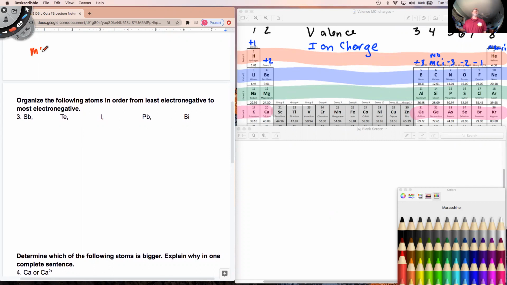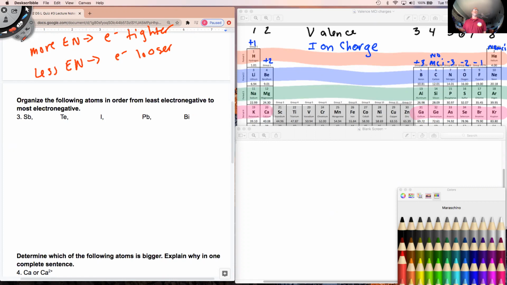So something that is more electronegative holds on to electrons tighter. Something that's less electronegative holds on to electrons looser. Looser, I think that says loser, so let me rephrase that one.